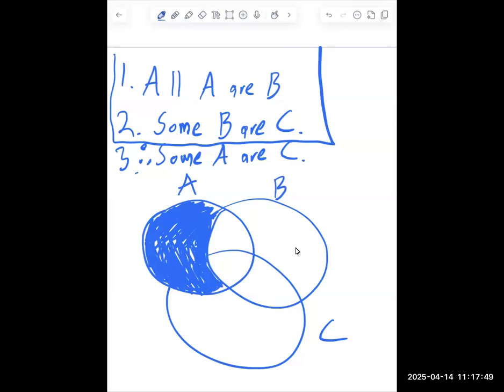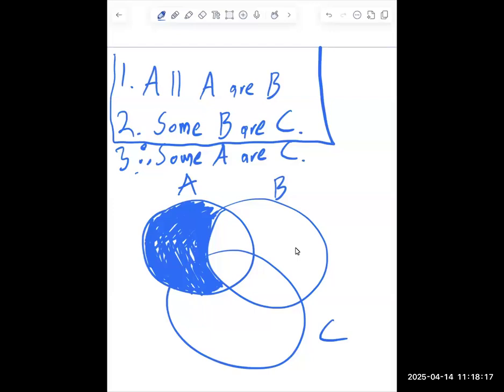Our conclusion says some A are C. If there is something in this C space where A and C overlap, then it's a valid argument, right? If by the time we are done with our premises, we have to put something there, then our argument's valid. Let's erase it because we don't know if it's there, right?